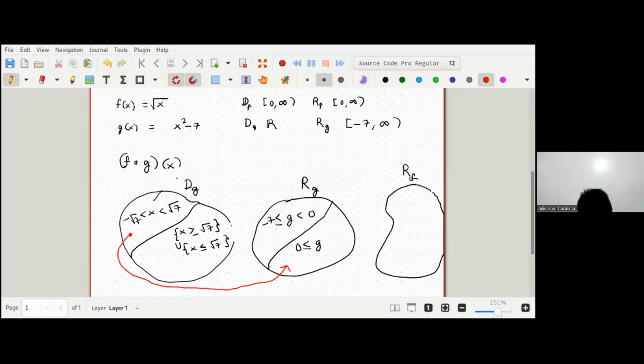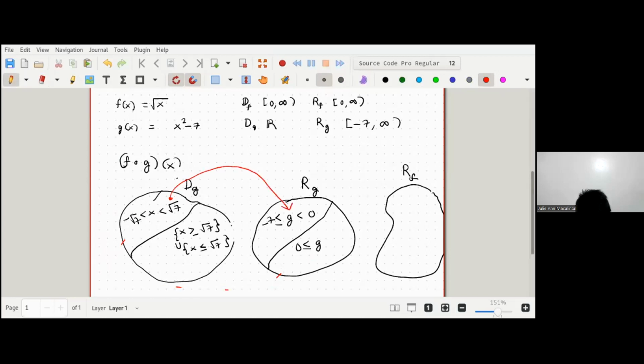So this is the function g, diba? So all values of x in this range get mapped to negative values of g. Sorry. Mali. Sorry, tama yun. Dito tayo magsimula. So this gets mapped here.